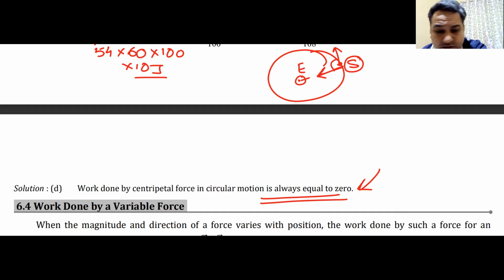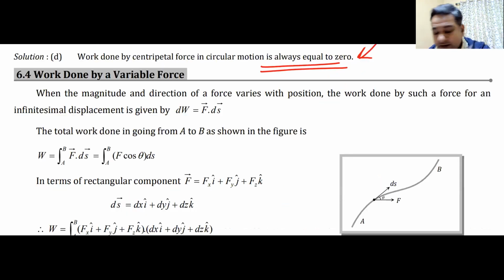Is anyone answering or not? It's fluid mechanics, sir. Okay, sorry. I had the idea that you are probably doing circular motion. Sorry, I had the wrong idea.